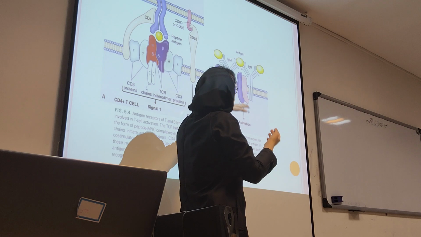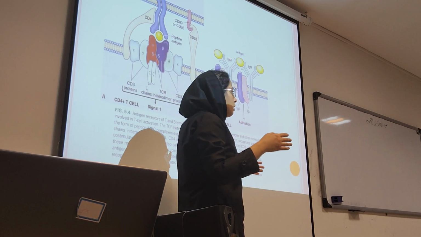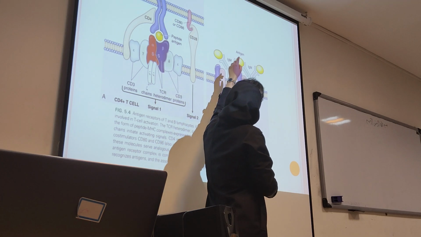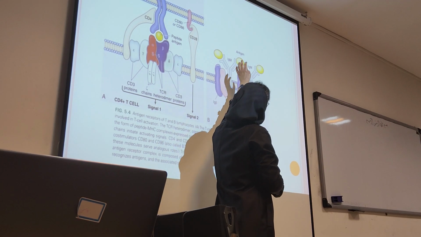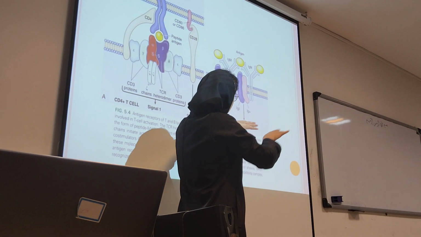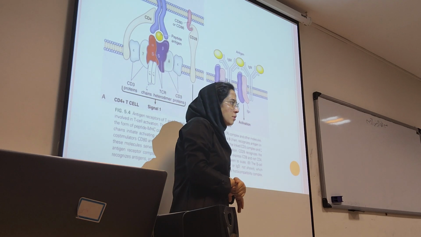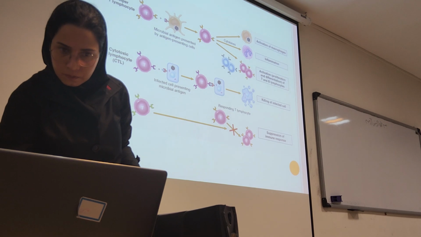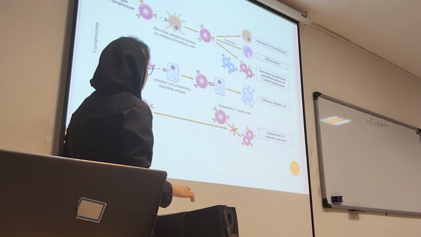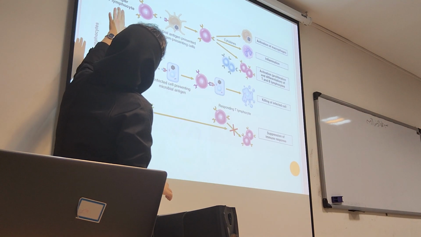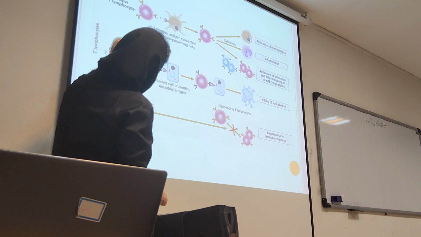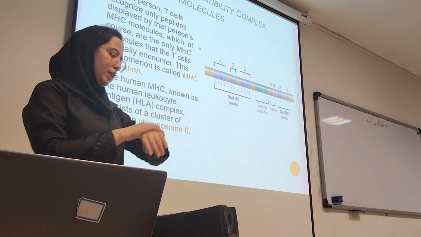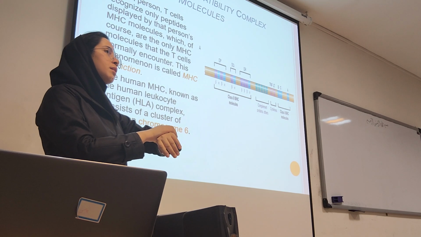No, that's why we say that B cells can recognize free antigens. Here again we have the receptor which attaches the antigen, and again we have some helper molecules. And I told you about the action of helper, cytotoxic and regulatory T cells. Okay, you can have a break.